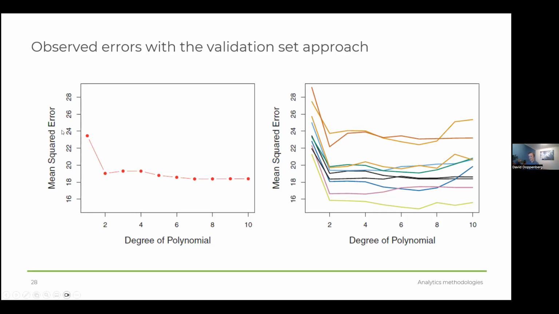You can see that each of these lines is a different split of your training and test set, and it calculates the error, the test score.